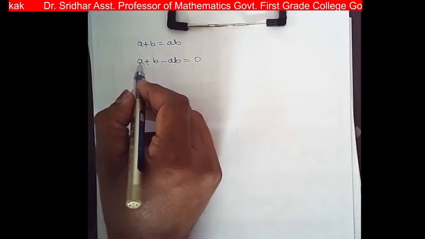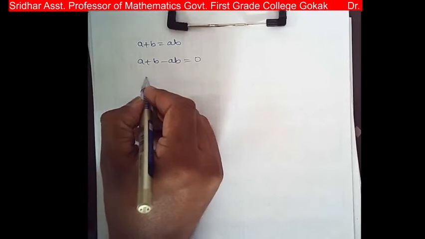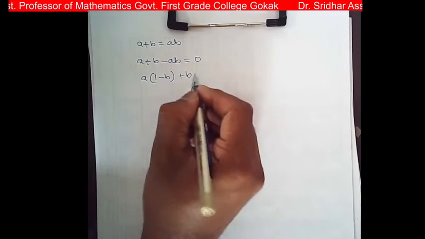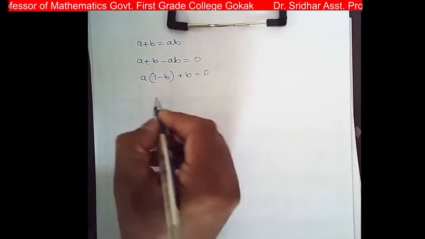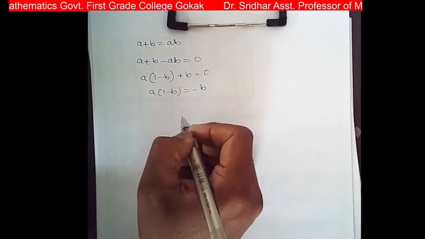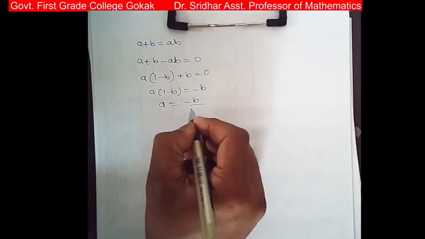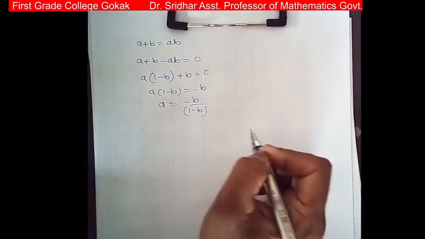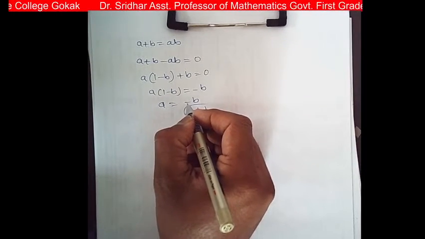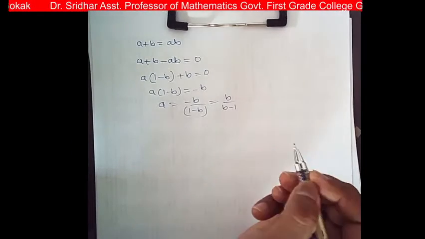Okay, so now from first and this third one, I take a common. So a into 1 minus b plus b is equal to 0. Now a into 1 minus b is equal to minus b, or a is equal to minus b divided by 1 minus b. Correct? Or you can multiply this minus here, which gives b divided by b minus 1.